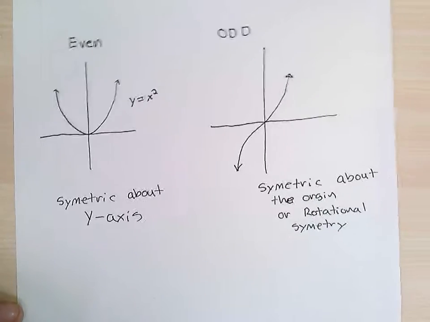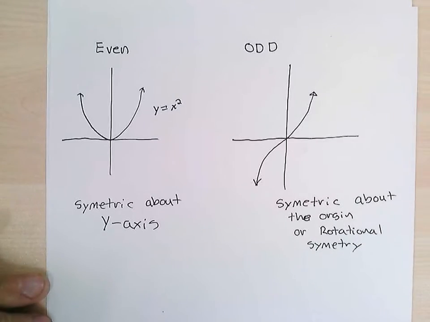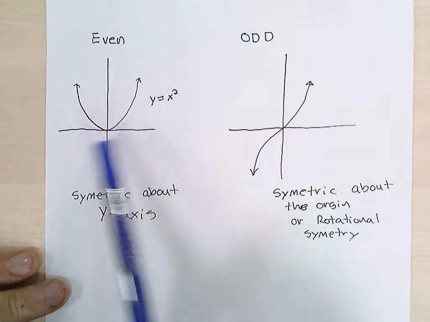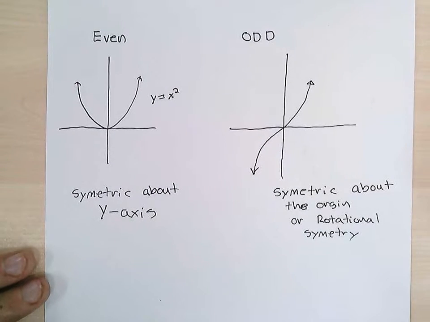Next type of classification we're going to talk about are even and odd functions. Now, I drew an example of a quadratic, and this is an even function, right? And even functions are symmetric about the y-axis.